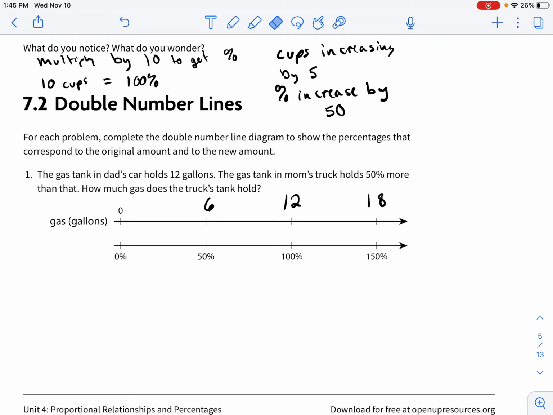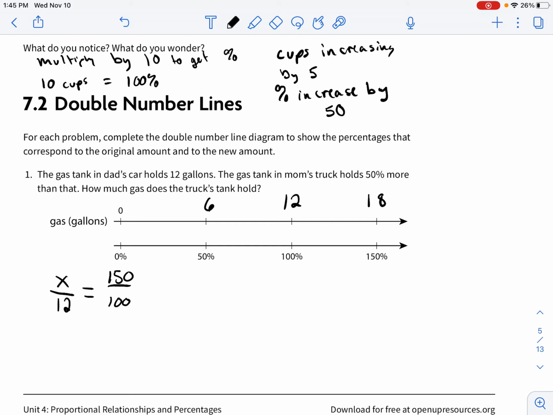You could have set this up and said x over 12 is equal to 150 over 100. This is using proportional reasoning for percents, right? 12 is the whole amount, 150 is the percent over 100, and x is what we're finding.